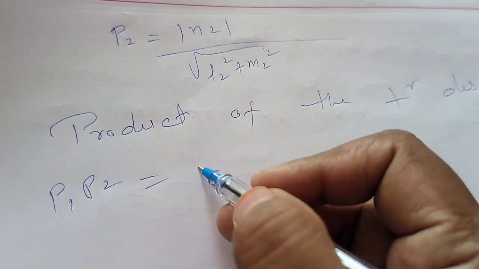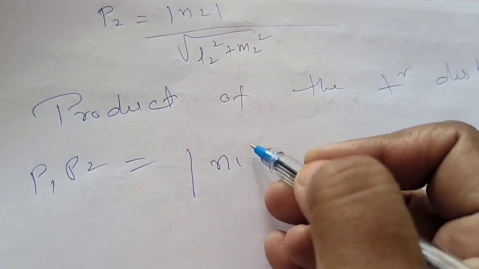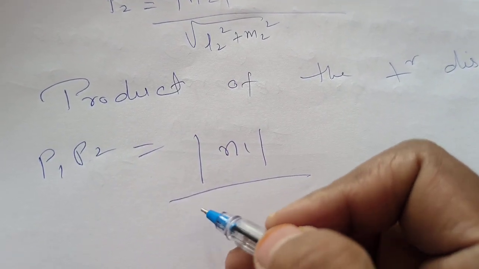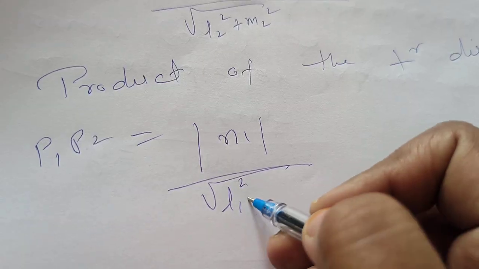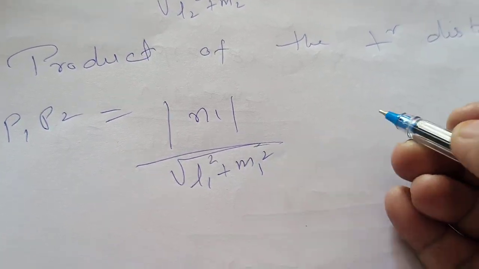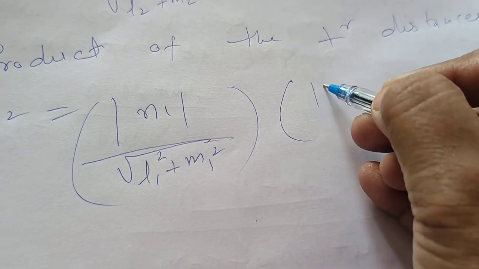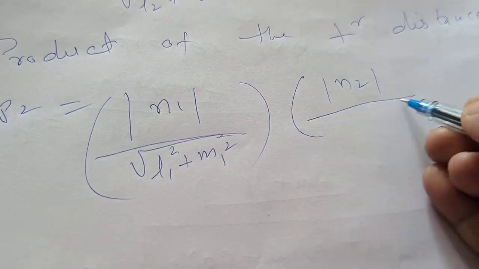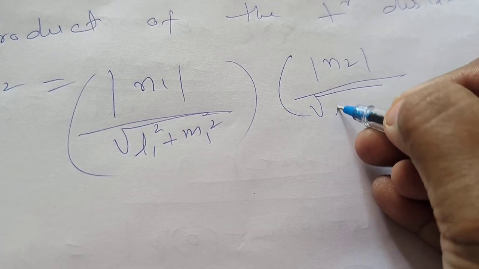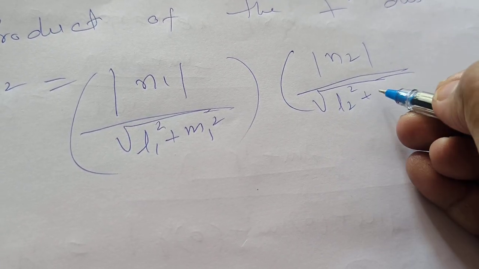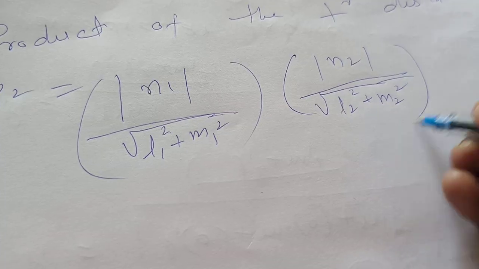So P1 P2 is equal to the first one, mod N1 by square root of L1 square plus M1 square, into the second one, mod N2 by square root of L2 square plus M2 square.